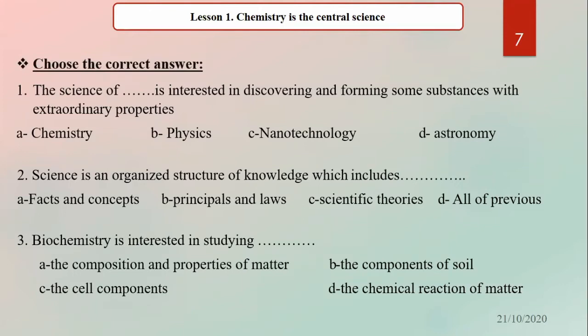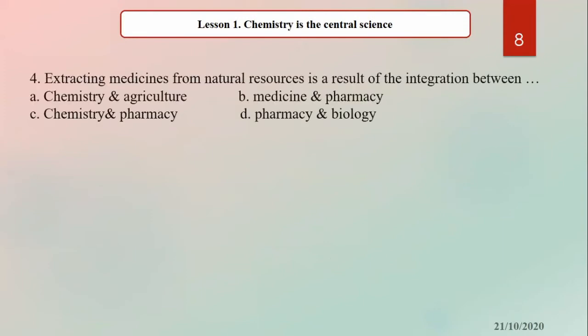Biology is interested in studying the cells of the body of a living organism, and chemistry is interested in studying the chemical structure of any matter, while biochemistry is interested in studying the chemical reactions that take place inside the body of a living organism. So our answer will be the cell components.